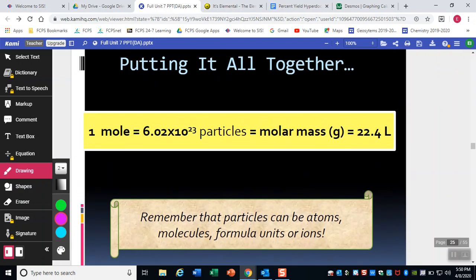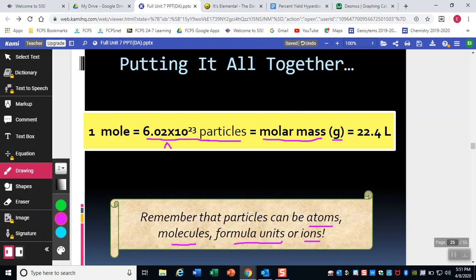So we have a few things to memorize. We've got 1 mole is Avogadro's number right here, 6.02 times 10 to the 23rd, and that would be particles. It could also be atoms, molecules, formula units, or ions. And if you have a mole, you can have a molar mass, which would be grams, which you get from the periodic table.